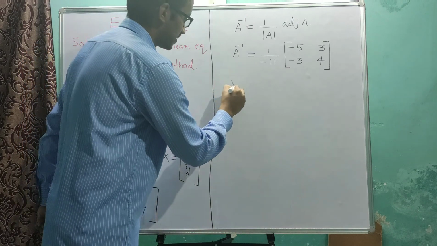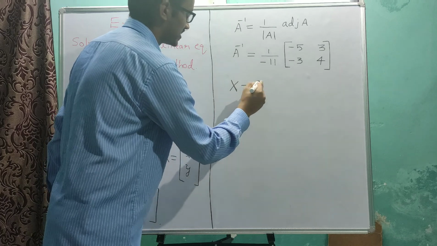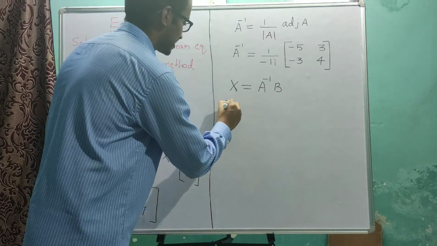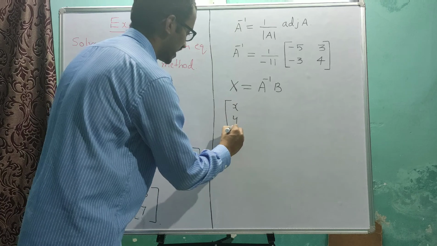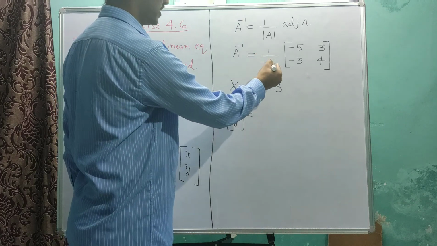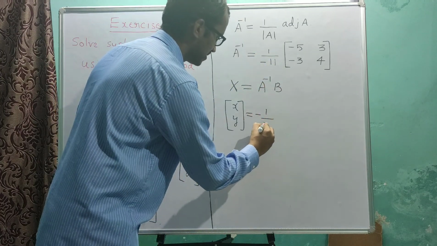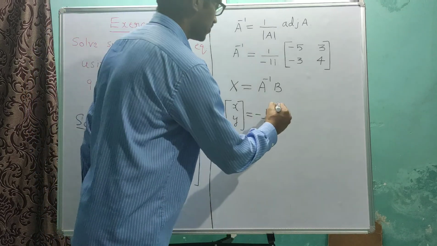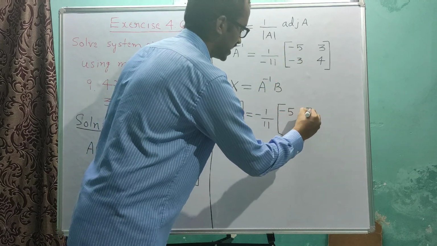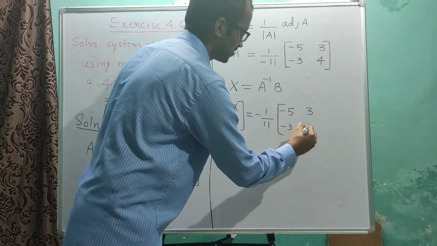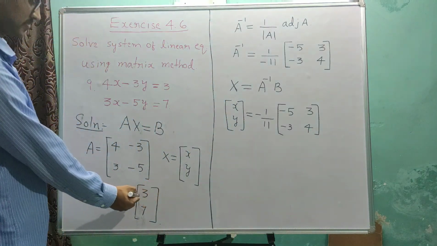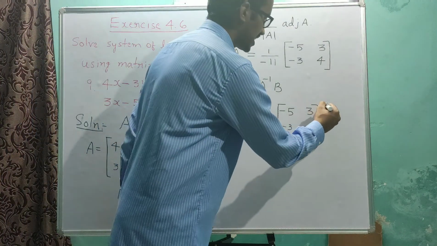Now for the solution, we know that X is equal to A inverse into B. So the column matrix xy is equal to A inverse, which is 1 by minus 11, so we can write minus 1 by 11 into minus 5, 3, minus 3, 4, into B. B is the column matrix containing 3 and 7.